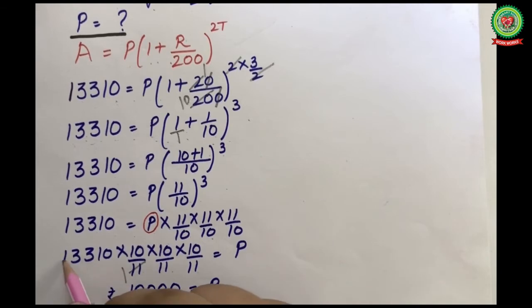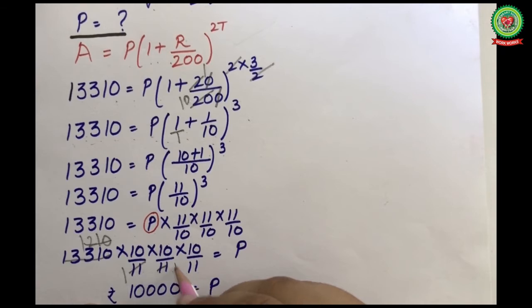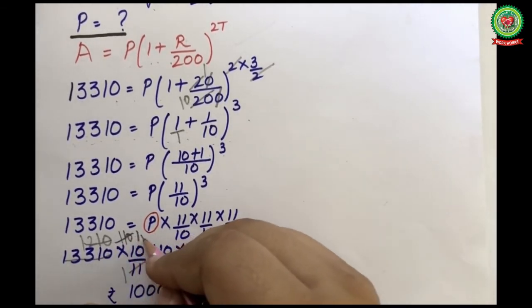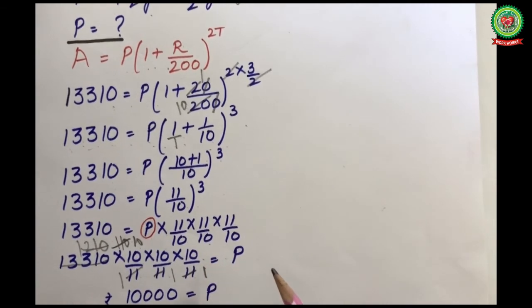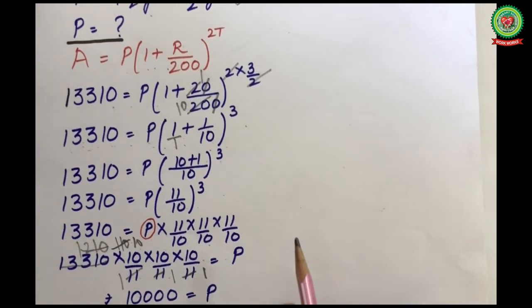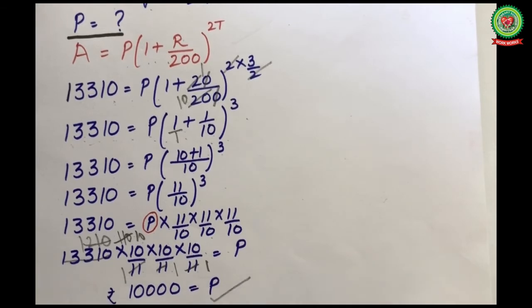On doing the cutting, we get 1210. Again 1210 can cut with 11. So we get 110. Again 110 can be cut with 11. After cutting, we get 10 multiply 10 multiply 10 multiply 10 is equal to P. So therefore, the answer of principal is equal to rupees 10,000.